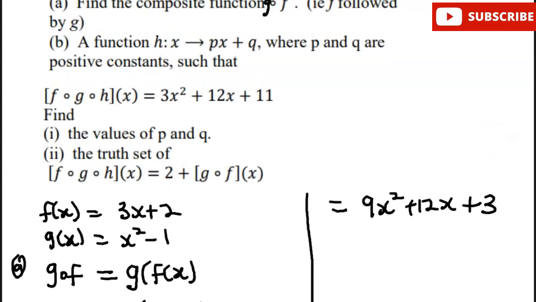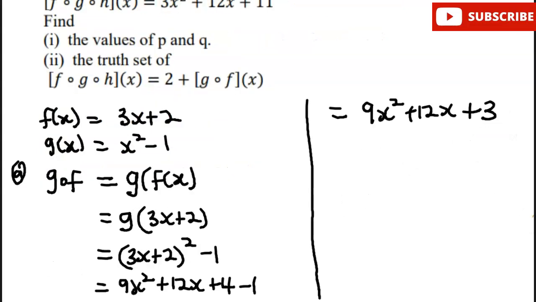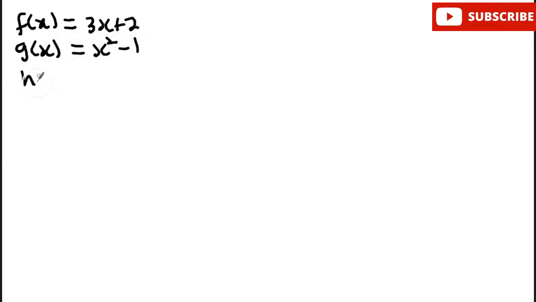Let's go back to the second one. h of x is px plus q. So the function f of x is 3x plus 2, g of x is x squared minus 1, and then h of x is px plus q.